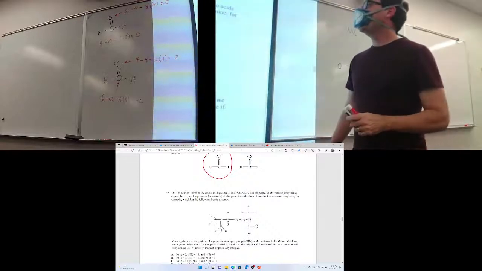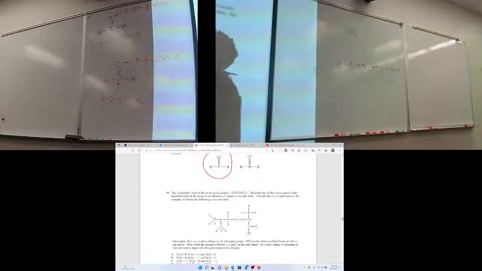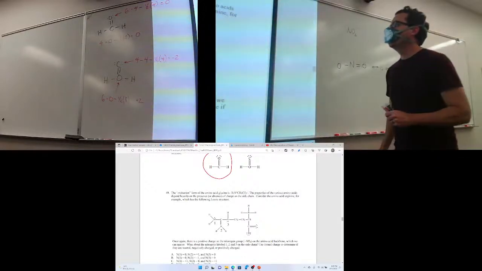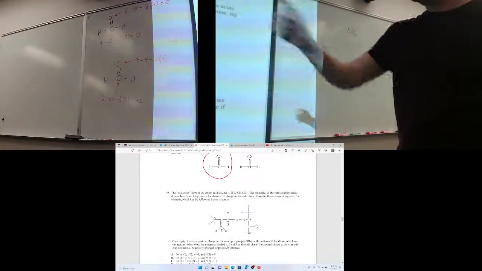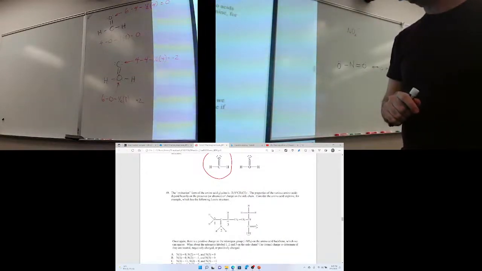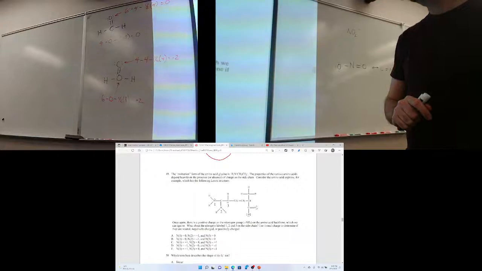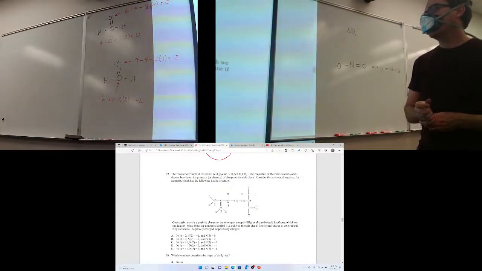And in a Zwitter ion, there are intentional formal charges, a plus and a minus in them. There is a positive charge on the nitrogen group on the amino backbone, which we can ignore. What about the nitrogens labeled 1, 2, and 3 on the side chain? Use the formal charge to determine if they are neutral, negatively charged, or positively charged.